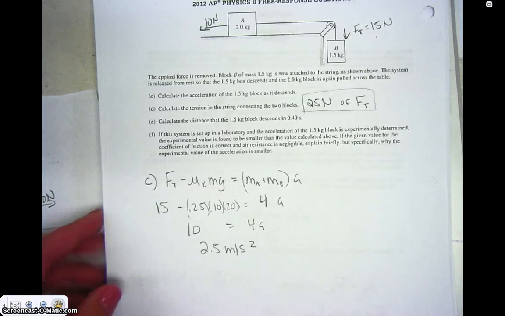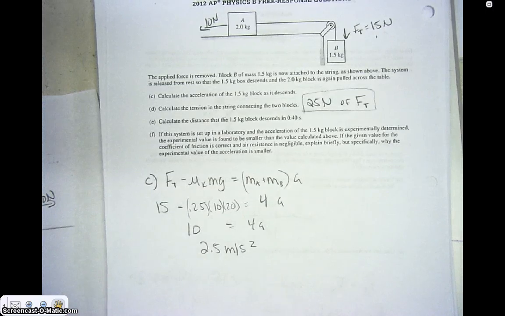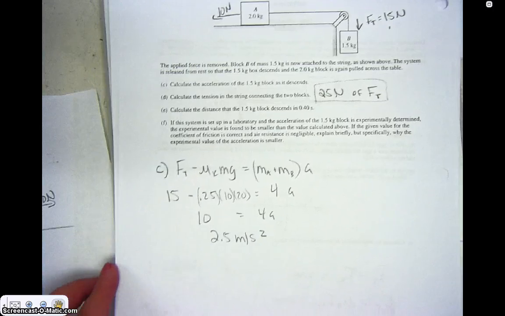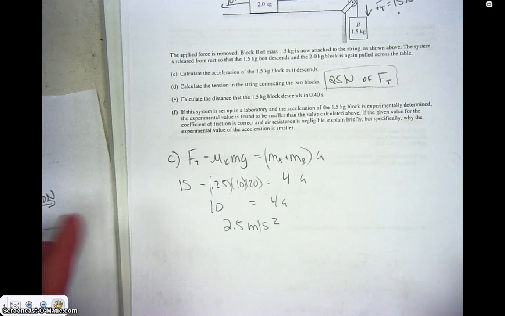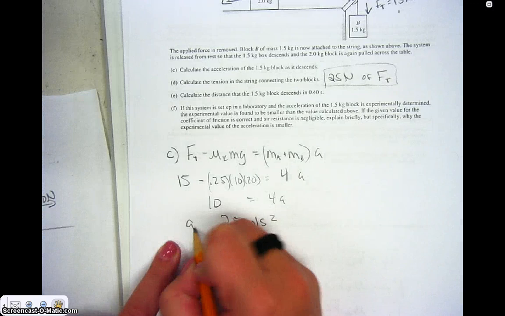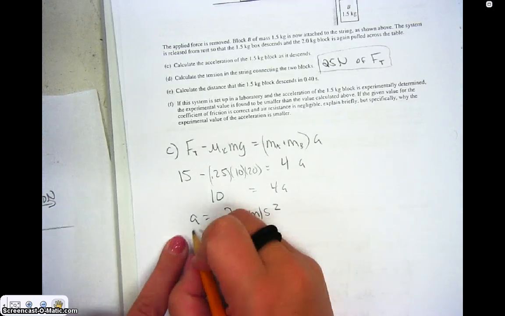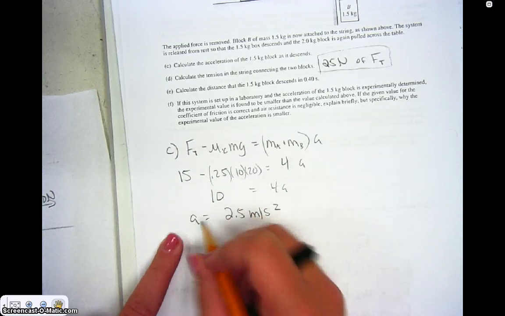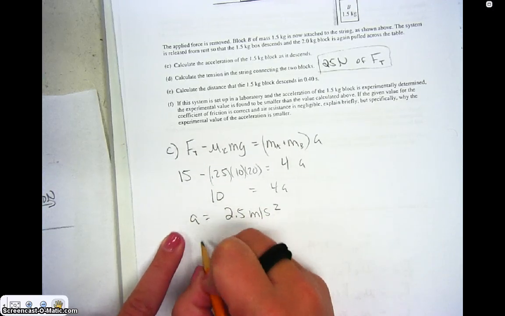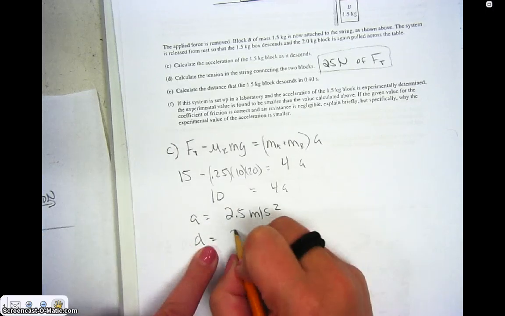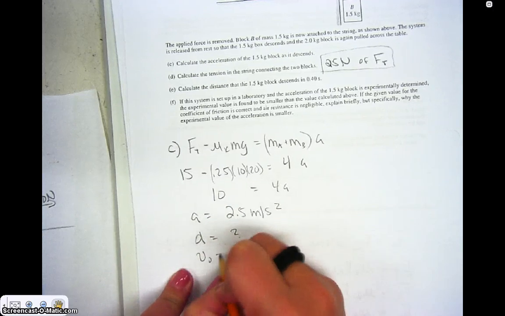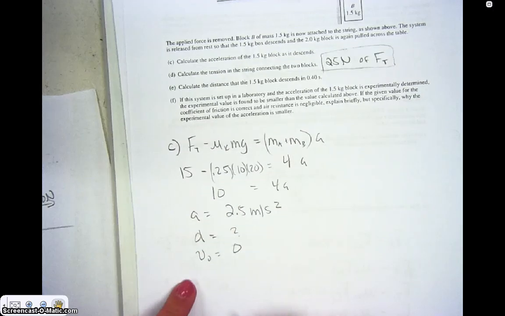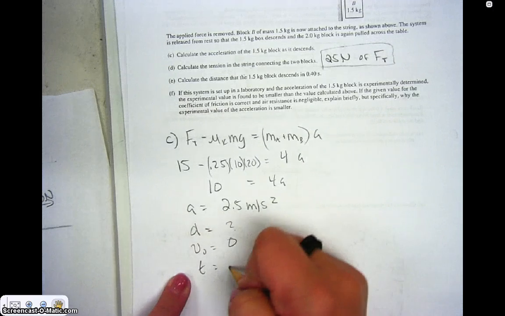All right. Now, E says calculate the distance the 1.5 kilogram box will descend in 0.4 seconds. So I have acceleration here. The whole system is moving. So I want to know d. We'll assume that the initial velocity of it is 0. And I'm given a time of 0.4 seconds.